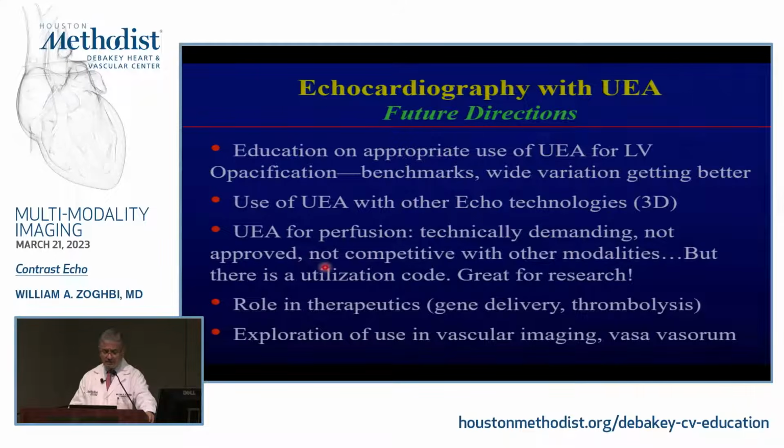Role in therapeutics: you need to know that when you give high mechanical index and destroy these microbubbles, part of the utilization of gene delivery or vector delivery is you could load these microbubbles with whatever agent that you want and then image them with high mechanical index so you can destroy them.